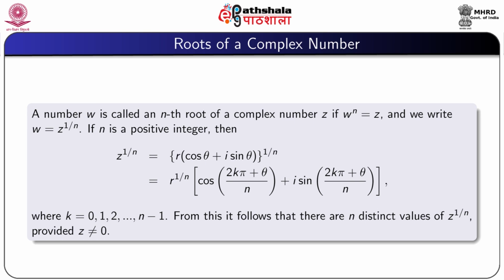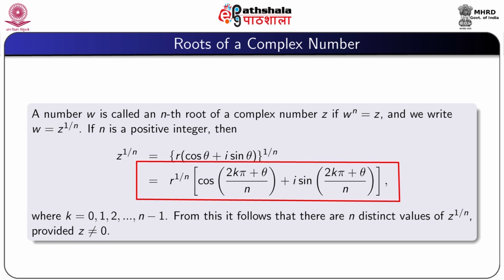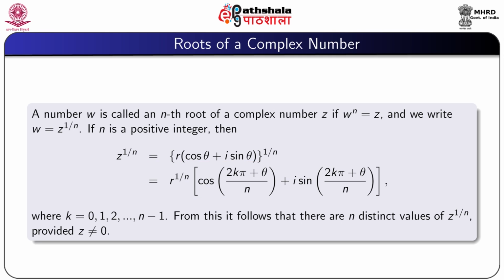If n is any positive integer, then we can write z to the power 1 by n is equal to r (cos theta plus i sin theta) whole to the power 1 by n, and that is equal to r to the power 1 by n (cos of (2k pi plus theta) by n plus i sin of (2k pi plus theta) by n), where k equal to 0, 1, 2 up to n minus 1.